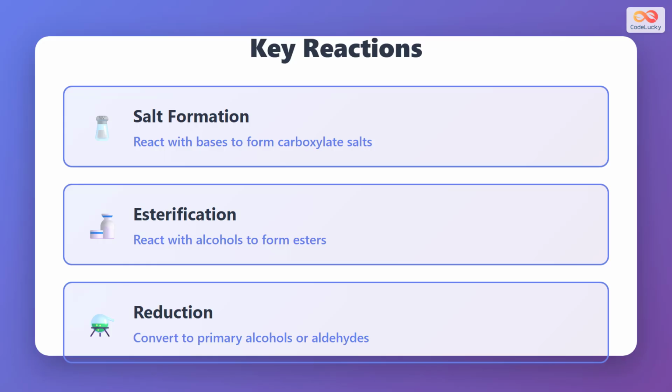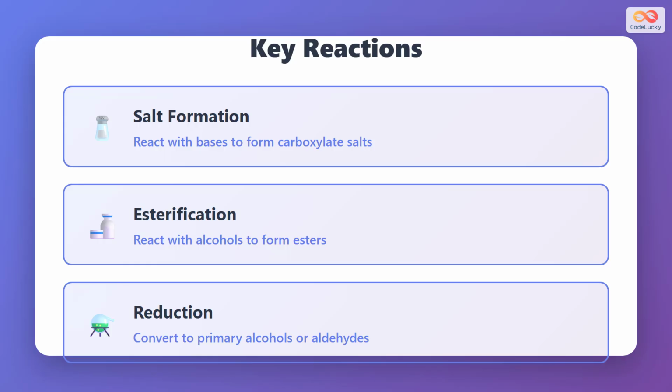Carboxylic acids participate in several important chemical reactions. First is salt formation, where carboxylic acids react with bases such as sodium hydroxide or potassium hydroxide to form carboxylate salts and water. Second is esterification, a reaction where carboxylic acids combine with alcohols in the presence of an acid catalyst to produce esters and water.